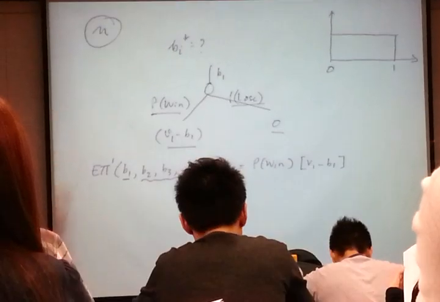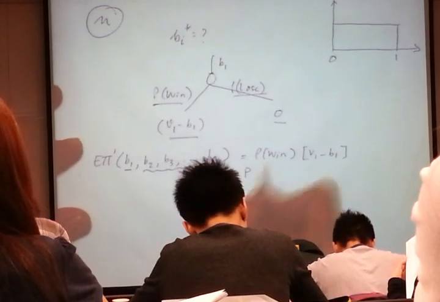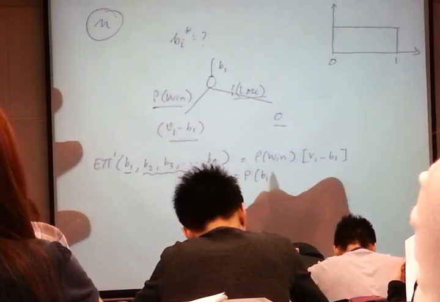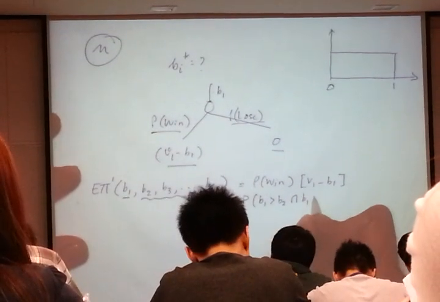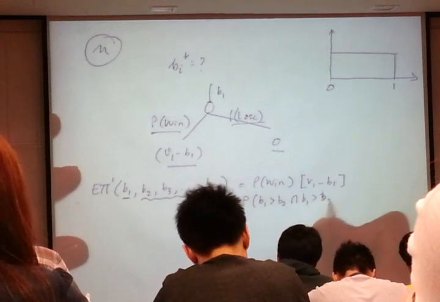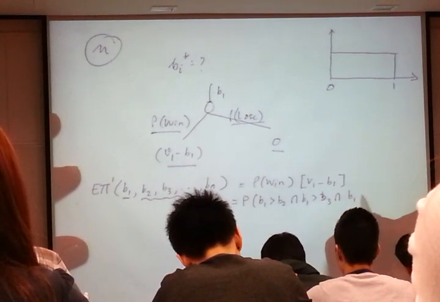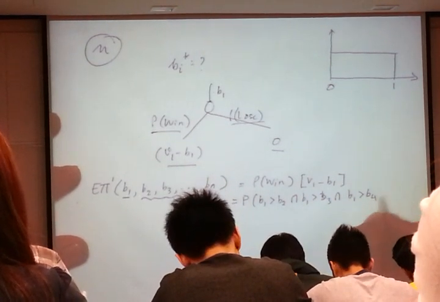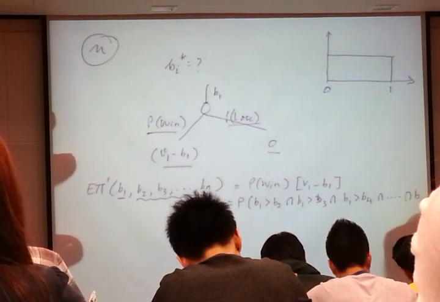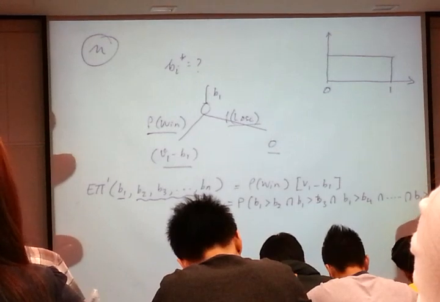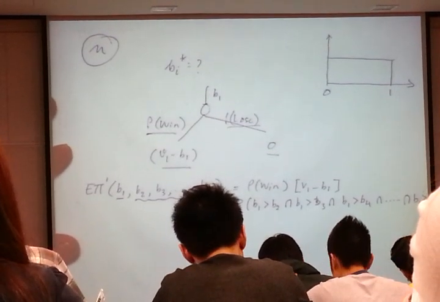If you convert that to mathematics, probability of winning is probability my bid is greater than the second player's bid, and my bid is greater than the third player's bid, and my bid is greater than the fourth player's bid, and my bid is greater than the nth player's bid. That's what it means.